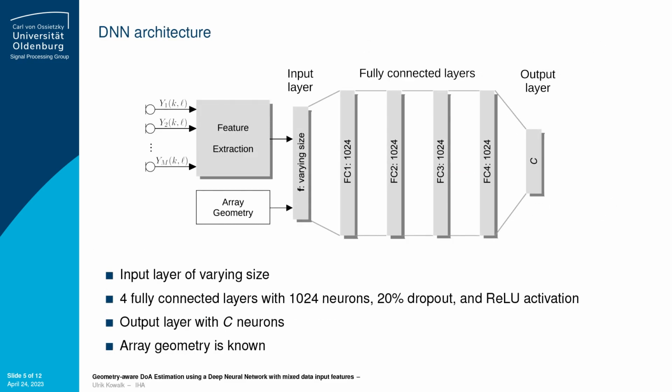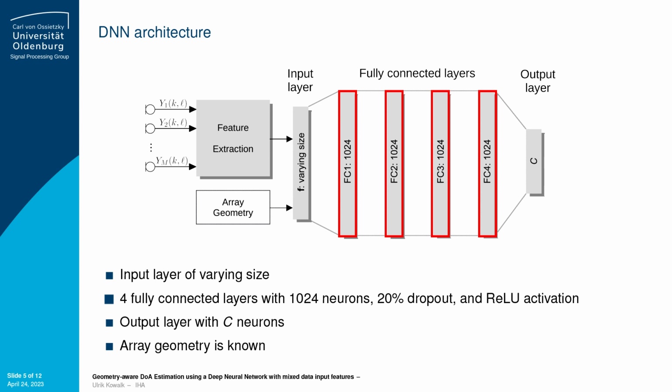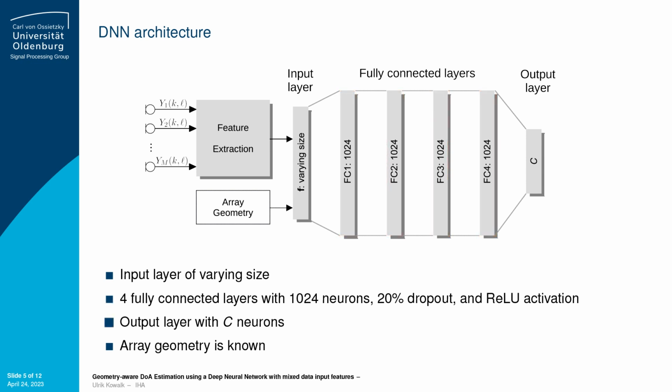The DNN is built as follows. There is an input layer of varying size, 4 fully connected layers with 1,024 neurons each, 20% dropout, and a nonlinear ReLU activation function. The final layer is the output layer, which consists of C neurons. As input parameters, the DNN uses A, some input features that we will look at in a minute, and B, the array geometry.